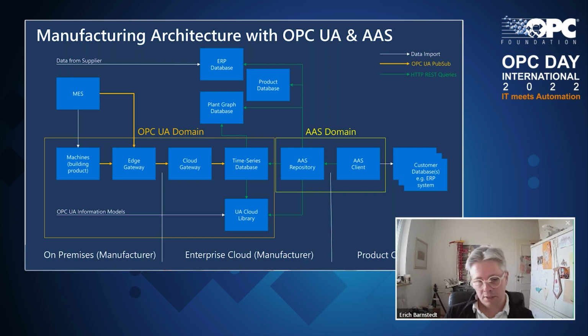There's a separate talk right after this actually about the UA Cloud Library, so I'm not going to talk too much about it. Just know that it's an online store of OPC UA information models.